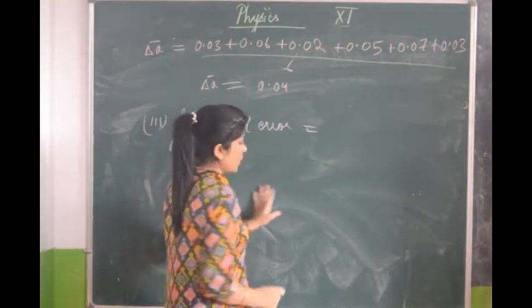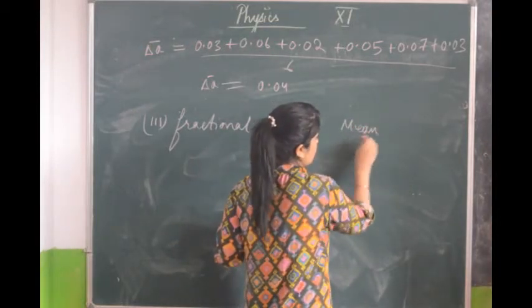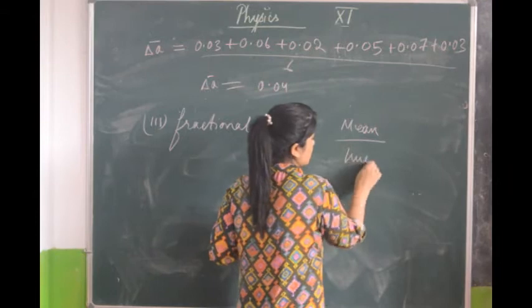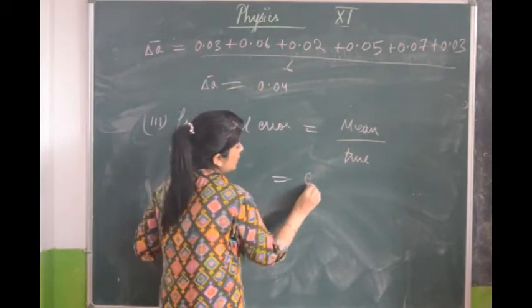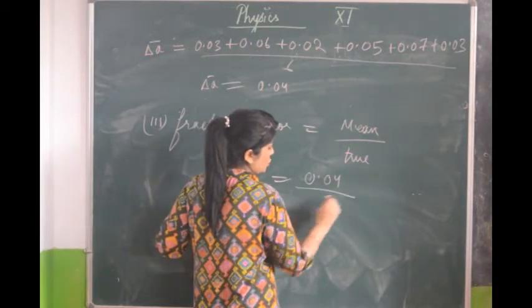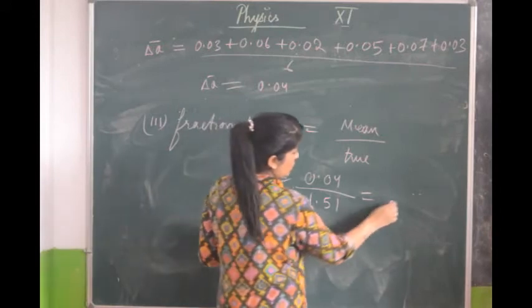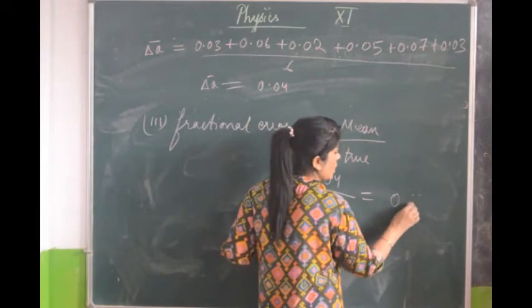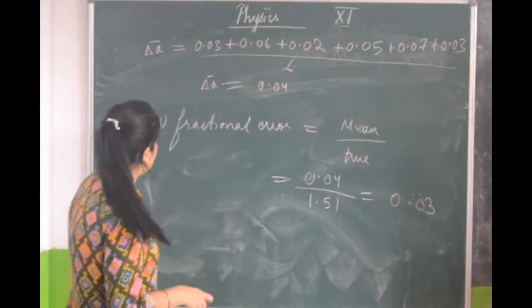Fractional error is mean error divided by true value. So your mean is 0.04. The true value was 1.51. Do the calculation. We get 0.026, or we can write 0.03 by rounding up the number. Okay, this is the third one.